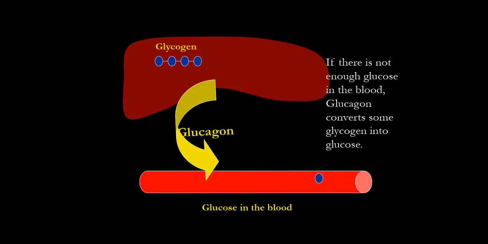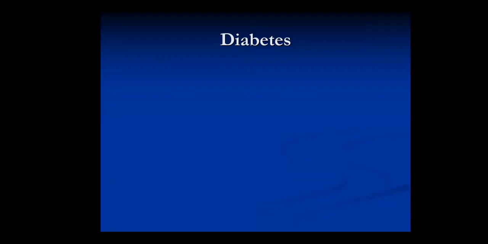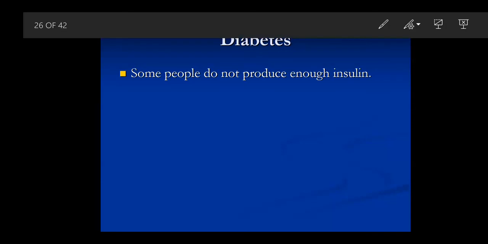And in case these two are not brought about, a disease called diabetes comes in. And diabetes, we normally know, is of 2 types. This particular one that has to do with blood glucose is the type of diabetes that is brought about when there is insufficient production of insulin in the blood.